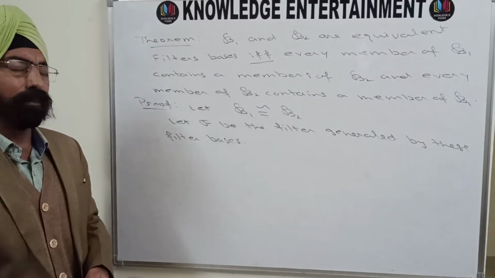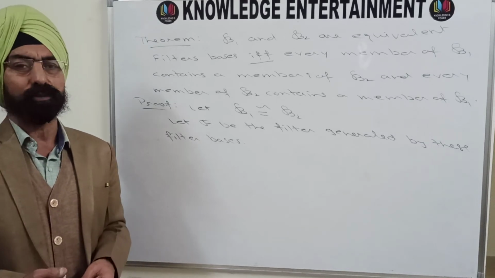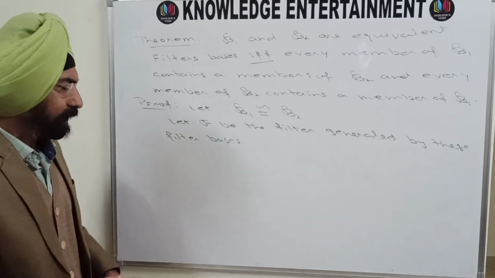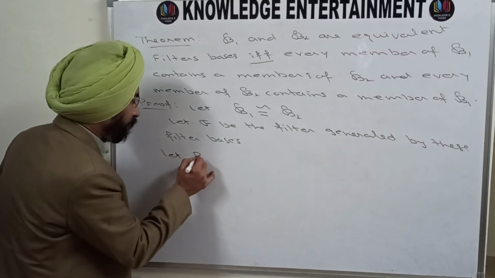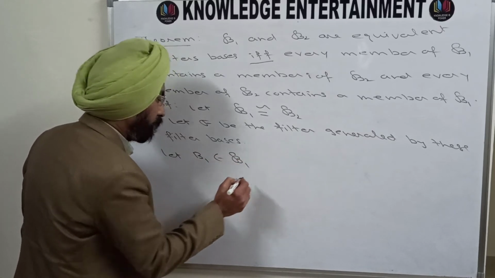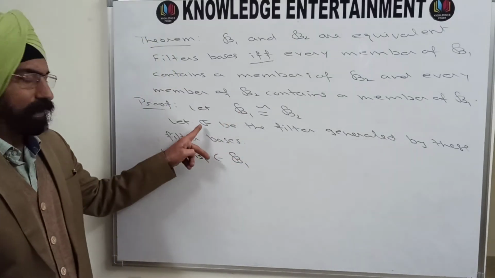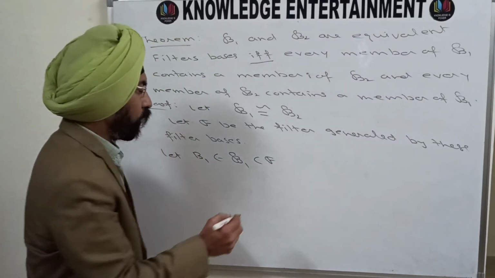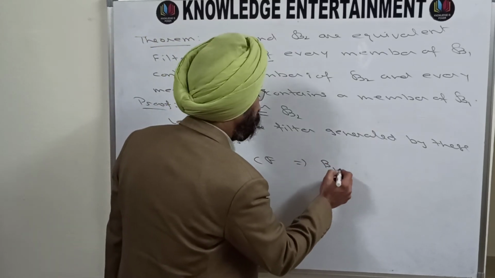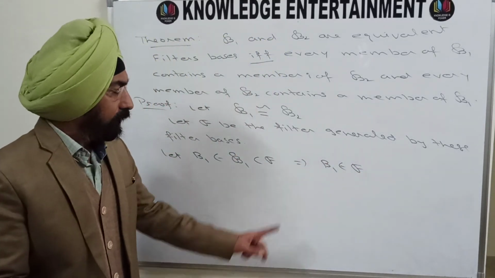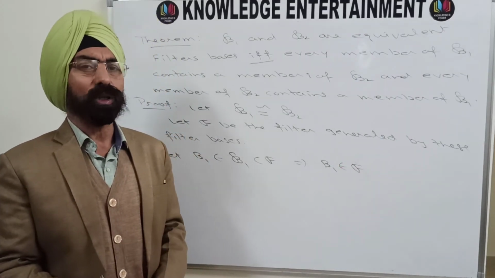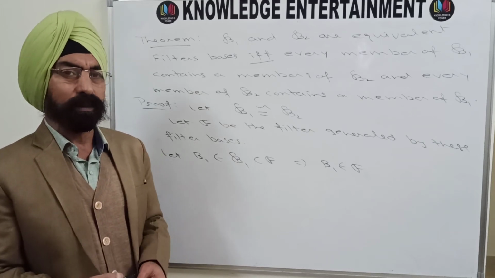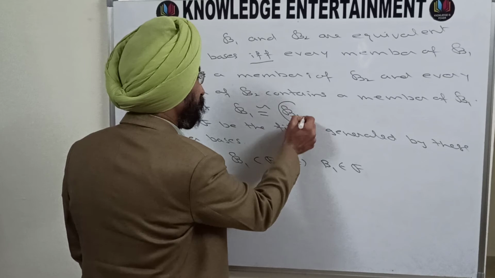We have to show that every member of B1 contains a member of B2 and every member of B2 contains a member of B1. We will prove one of them, and the second can be proved on the same lines. Let B1 be a member of B1. Now B1 is a filter base for F, so B1 is a subset of F. So B1 belongs to F, and we know that every member of a filter is a superset of some member of its filter base, and F also has a filter base in the form B2.